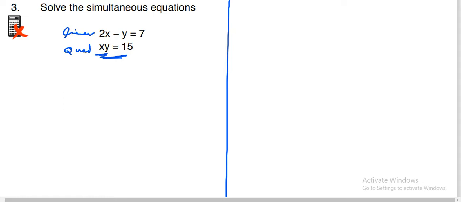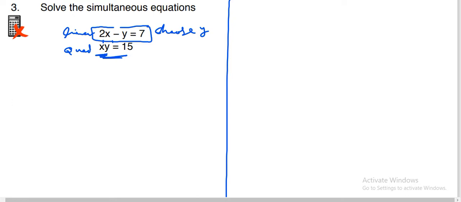We'll choose one variable from the linear equation to be the subject. Here x multiplied by y, x power 1 and y power 1, so no difference in powers. But in the linear equation, x has coefficient 2 and y has coefficient negative 1, so it's better to choose y to simplify calculations. The first reason: if we have power 1 and power 2, we'll choose the letter with power 1 so as not to get a bracket to be expanded.